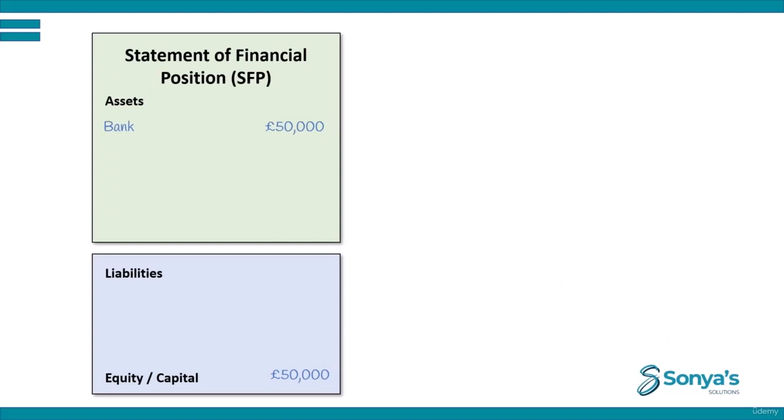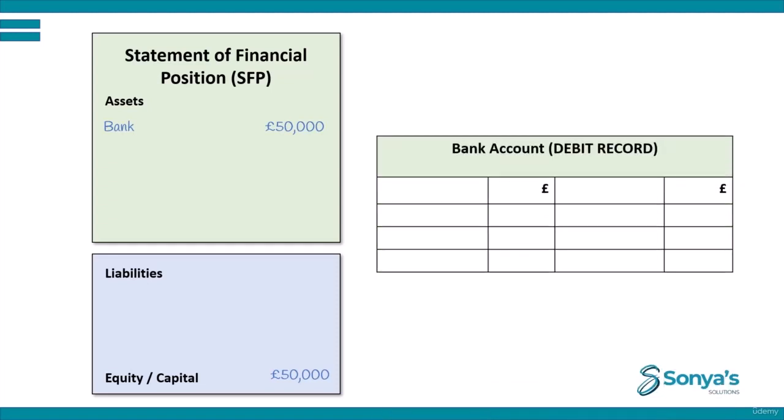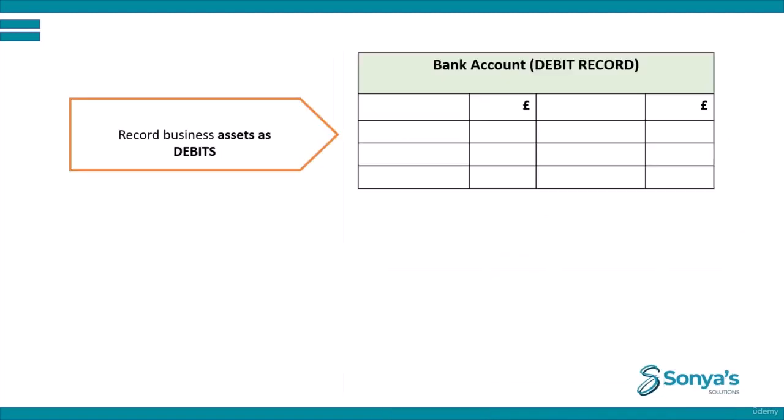Let's first look at how we record transactions in asset accounts, debit records. The business needs to keep its own record of money that passes through the bank, so it keeps a bank account in the ledger. A ledger used to be a book.